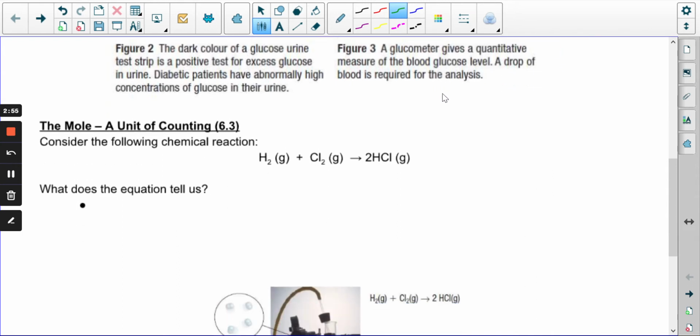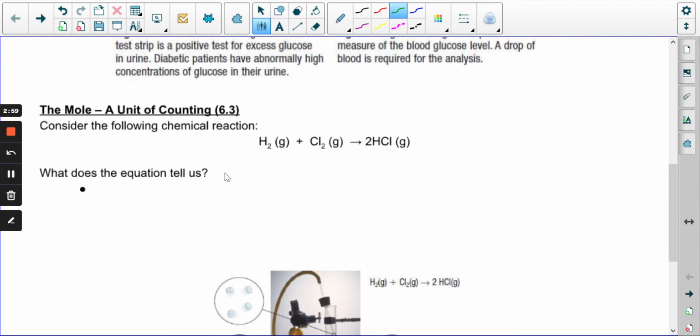I want us to look at a couple of familiar examples. Here is a balanced chemical equation for the reaction between hydrogen gas and chlorine gas, which produces HCl gas.